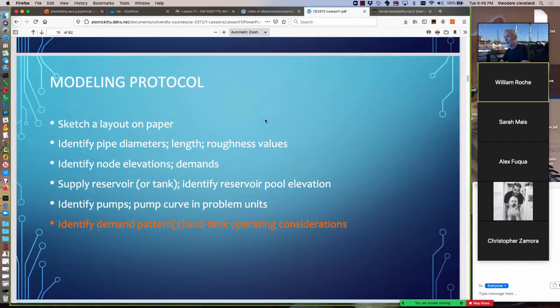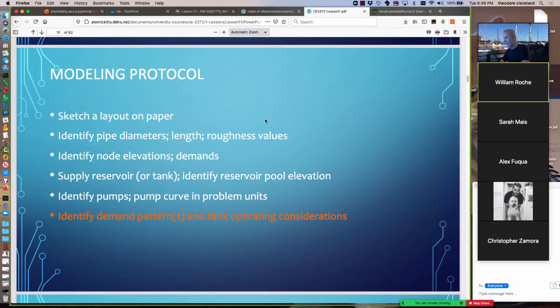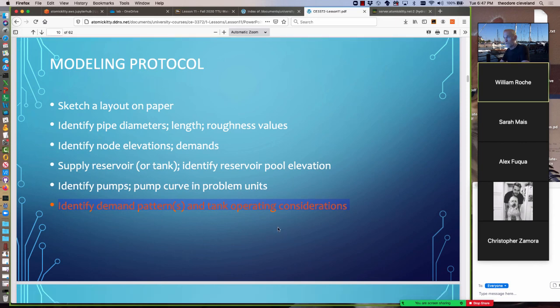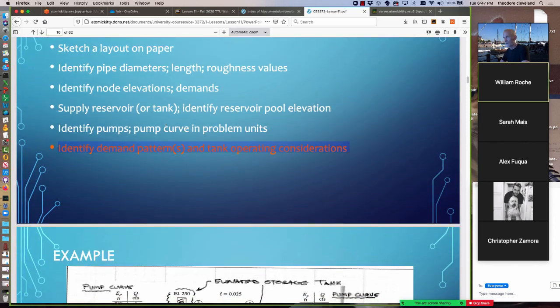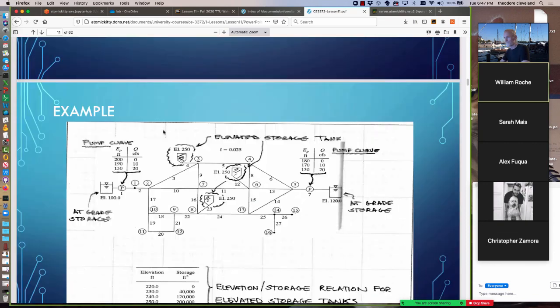And we need to modify our modeling protocol. And literally all we do to modify it is to add this additional term, which is to identify demand patterns and various tank operating considerations and put them into our model. So the modeling protocol is still usable.